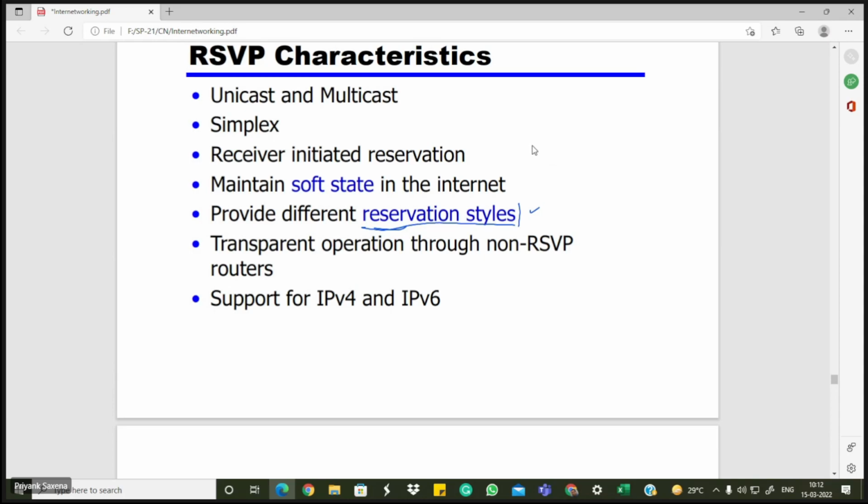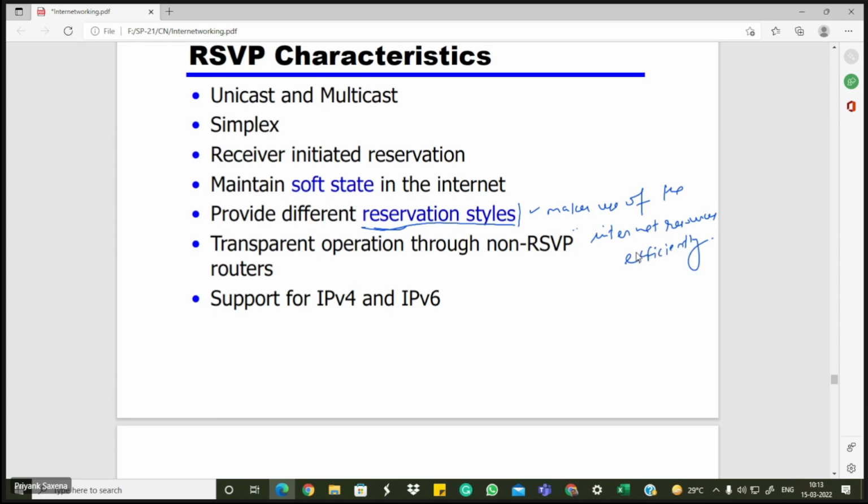Four different styles, sorry. So basically, this reservation style says how reservations for the same multicast group should be aggregated at the intermediate switches. So this basically makes use of the internet resources more efficiently, right?